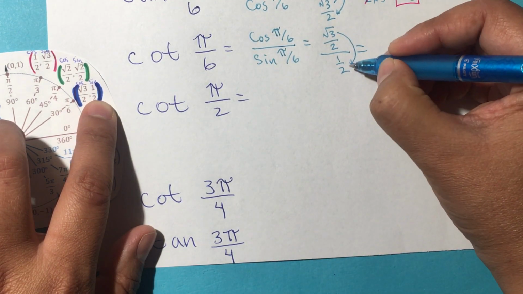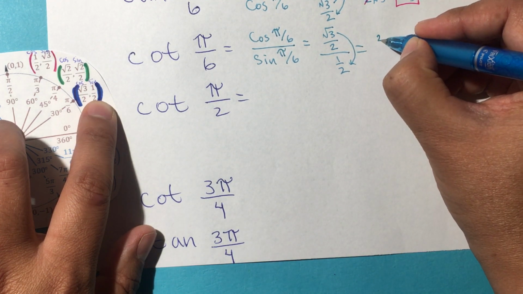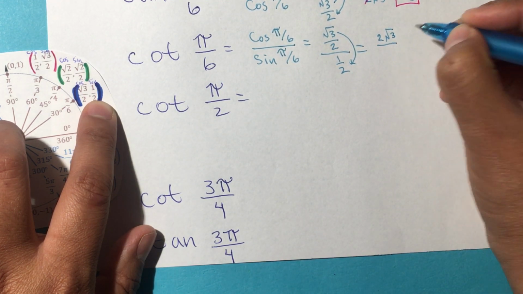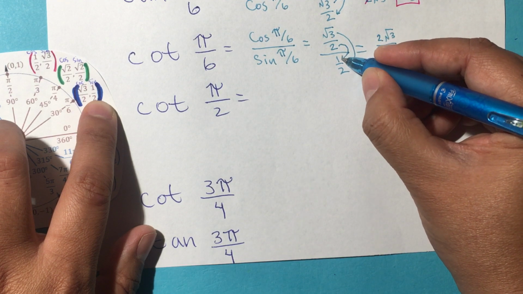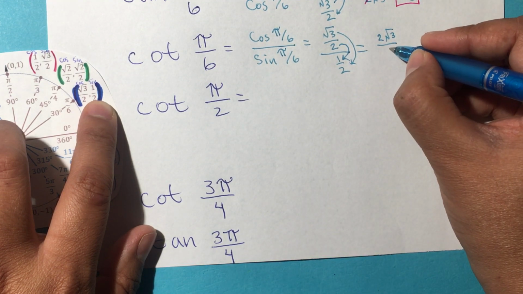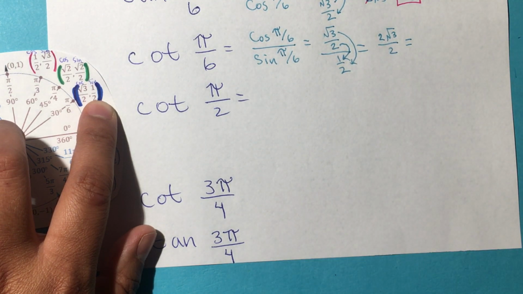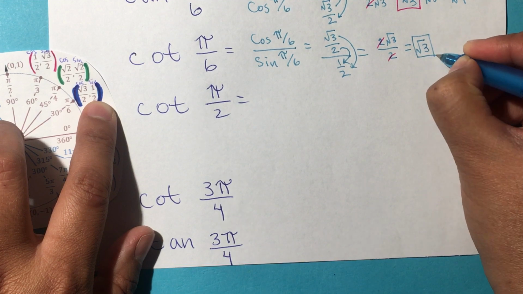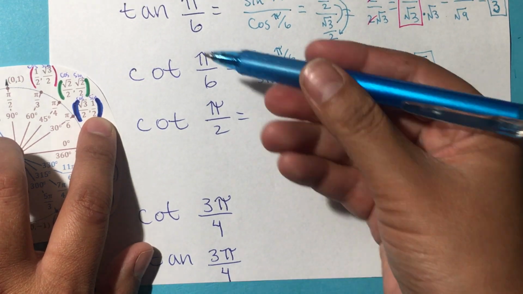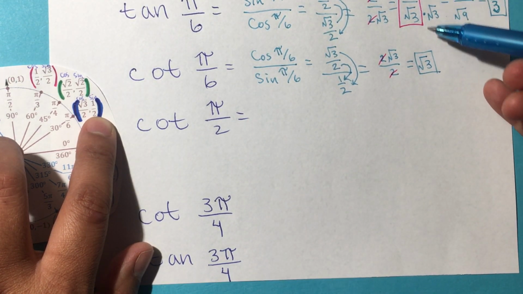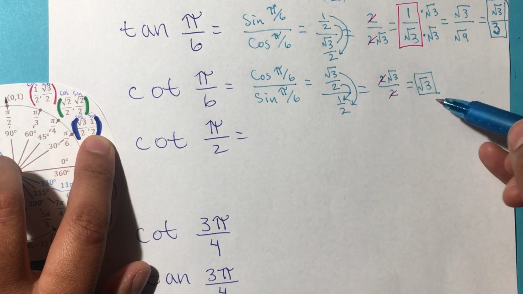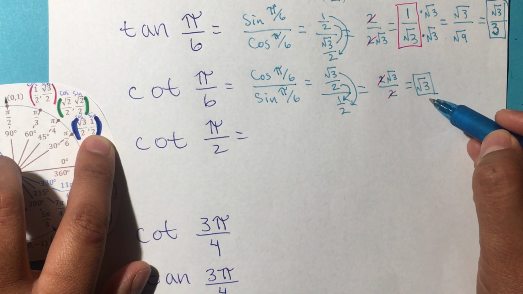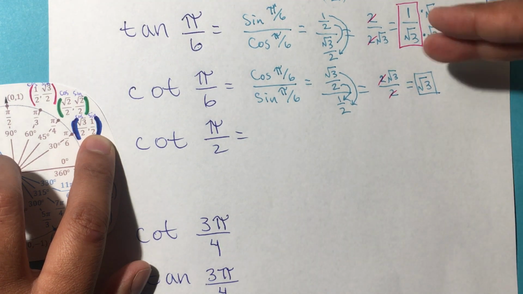Outer values, 2 times square root of 3 is 2 square root of 3 over the inner values. 2 times 1 is 2. The 2 cancel, and you're left with square root of 3. We can immediately see right here that they're reciprocal of each other. This is like having over 1, right? So we just flip them.